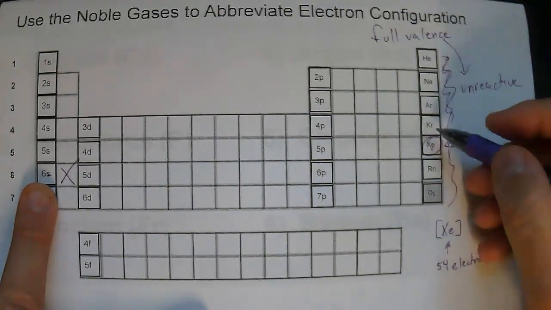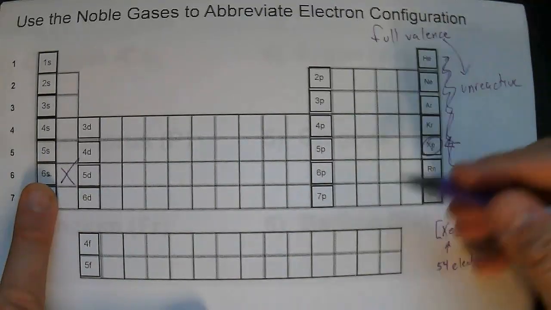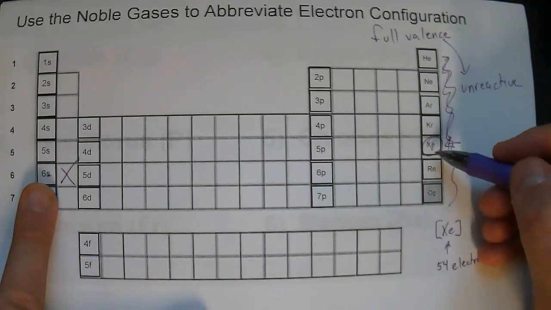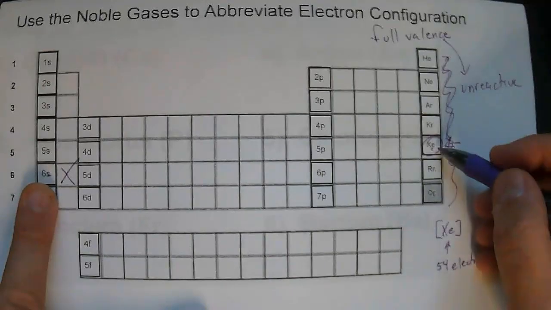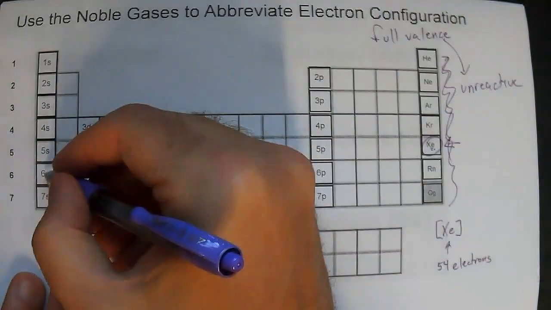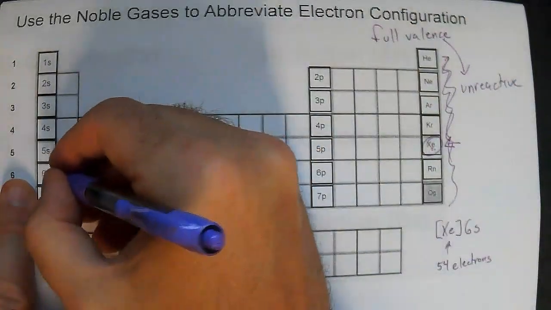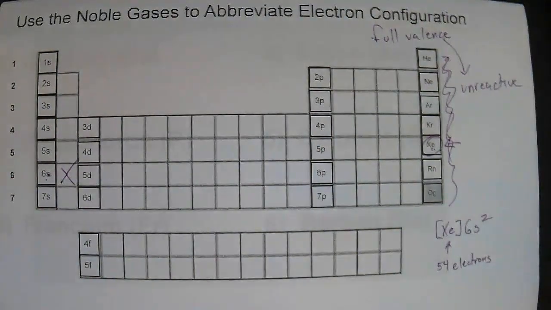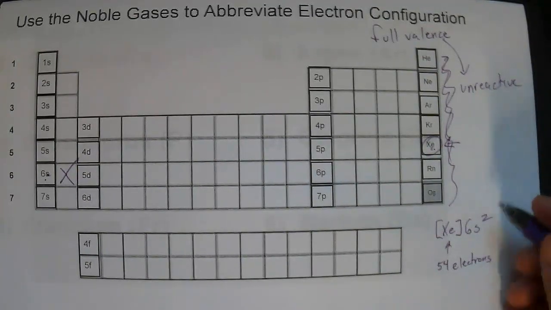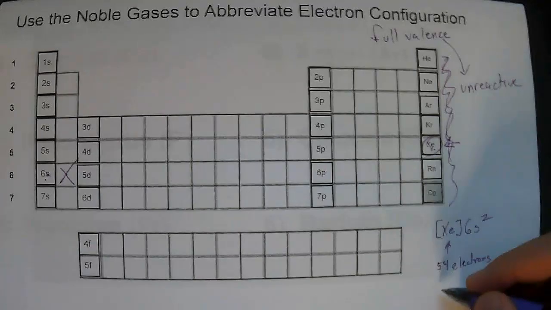And all of those electrons were full up to xenon. There's no spaces, no anything to worry about. And then we can start down here with 6s, how many? 1, 2. 6s2.